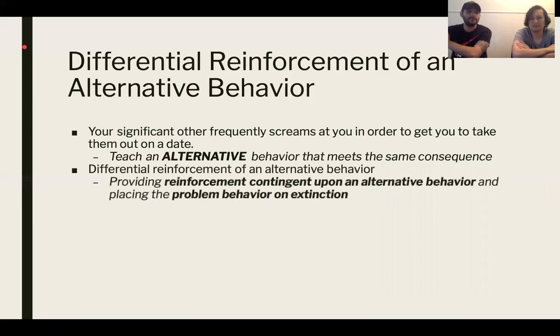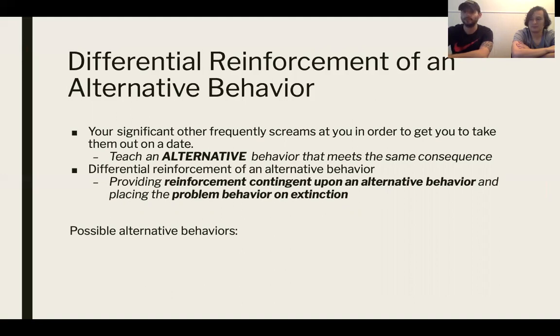So whenever we talk about that, it is providing reinforcement contingent upon an alternative behavior and placing the problem behavior on extinction. So, going off of this specific instance, whenever your significant other screams at you just to get you to go on a date, maybe that's the problem.